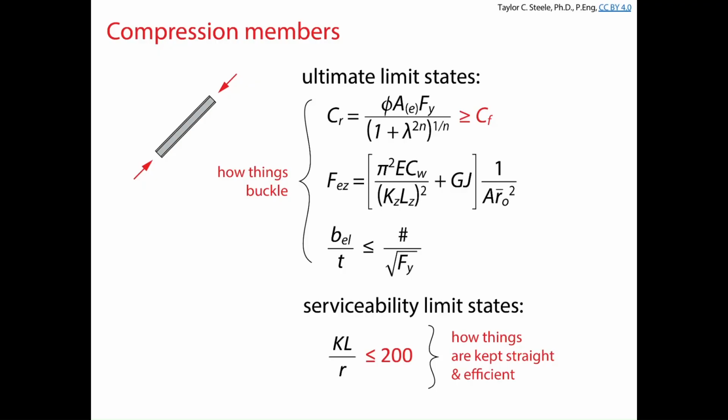I want you to take 30 seconds or a minute and think about how, based on the equations here, we might try to select a compression member that might work. So for tension members, we calculated an area, found a section with a minimum amount of area that would work. How can we do the same exercise or a similar exercise for compression members? I'll leave these equations up here to give you a little bit of time to think about it. About a minute, talk with the person next to you.